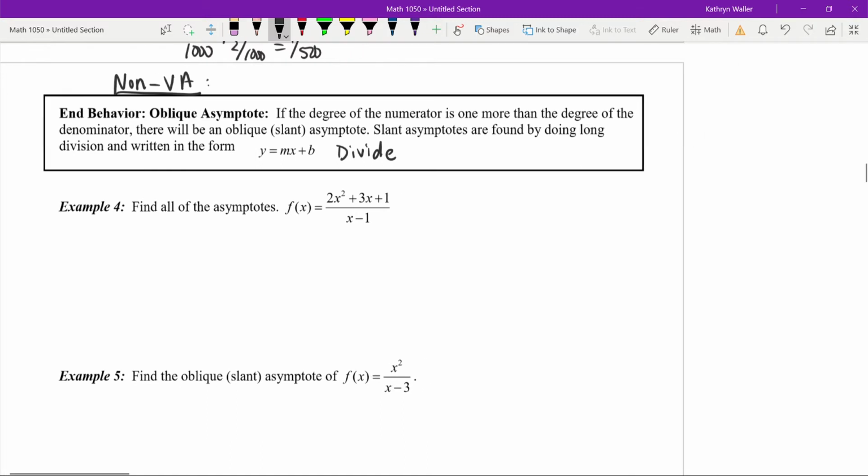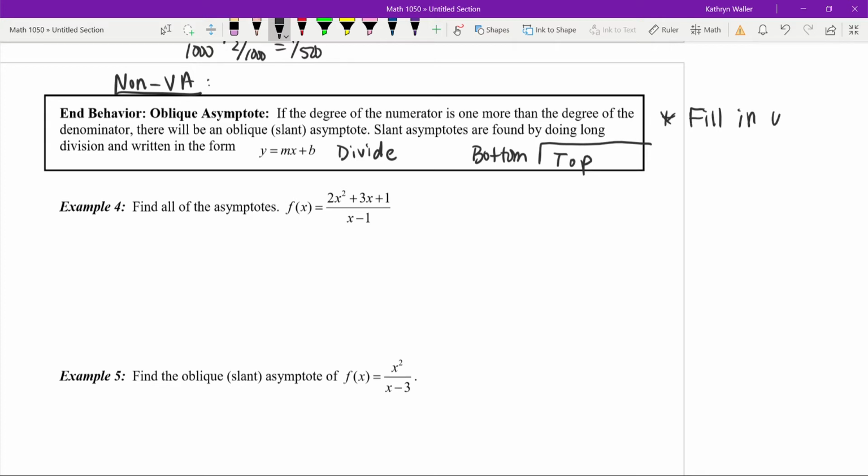To find the non-vertical asymptote, you take the bottom and it goes on the outside of the division symbol, and on the inside goes the top. Okay? Two things I want to say. Fill in what's missing, and the other thing I want to say is drop the remainder.